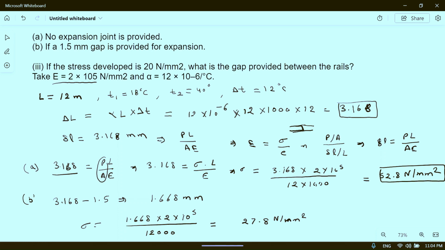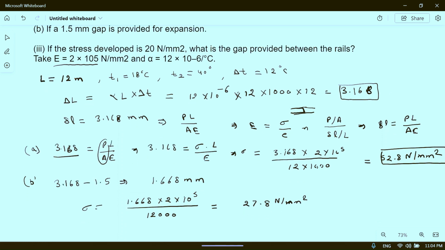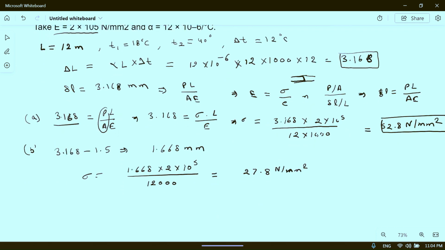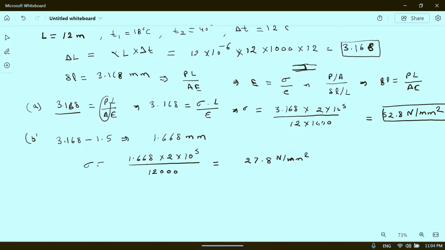Third condition, if the stress developed is 20 Newton per mm square, what is the gap provided between the rails? So we have been given the stress already. So sigma is 20 is equal to, we don't know what is the gap, so delta L. Suppose the gap is delta, then delta into stress, E is 2 into 10 to the power 5, and L is 12,000.